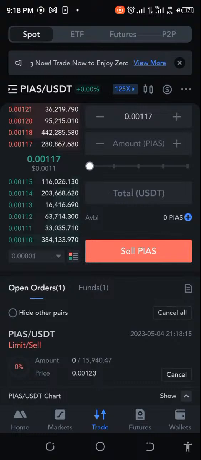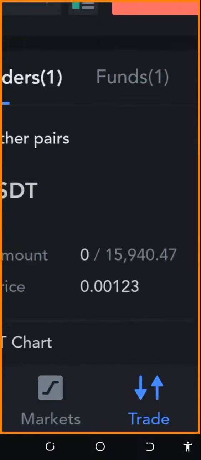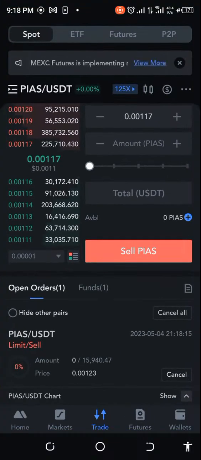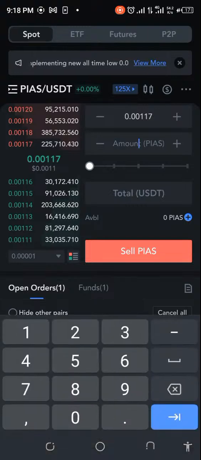Okay, you can see right now the price has changed to 0.00117. Okay, so anyways, here we are. Let's wait. So we have 15,940. Let's see what it actually will be if it is saying 15,940.